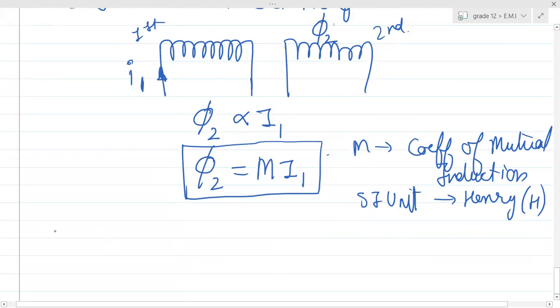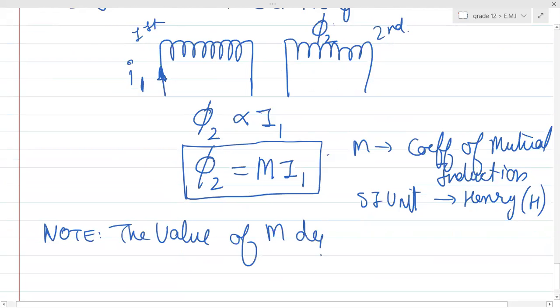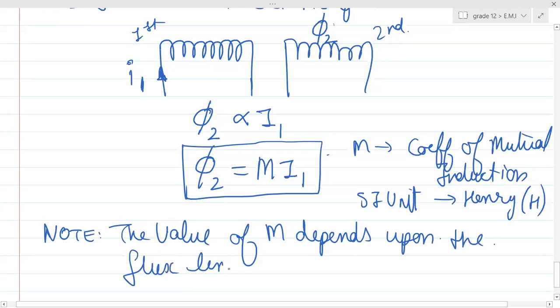But remember this particular thing, I'll write it as a note. The value of M depends upon the flux linkage between the two coils.